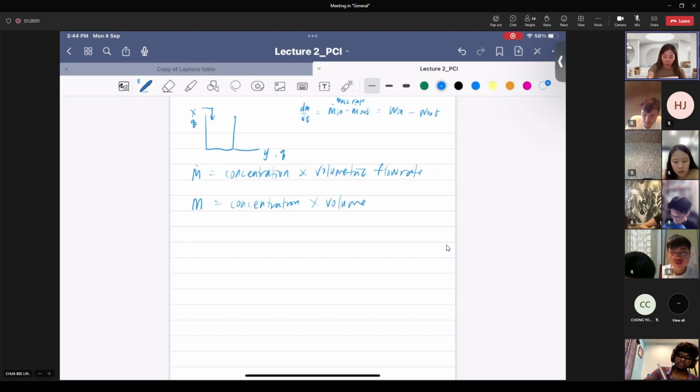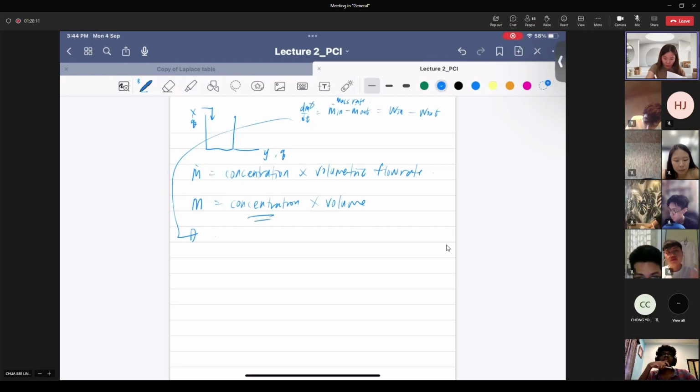Okay, so this will give you concentration. So we'll be having the M here, concentration multiplied with the volume, and this is constant. Pull up means V is constant.